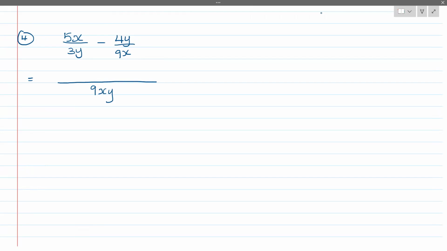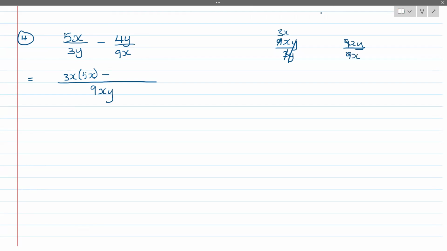So we'll get 3y into 9xy. Again, if you're not sure about it, you could just simply divide the 9xy by 3y. The y's will cancel. 3 will go into 9 3 times, and you remember x here. So you're going to get 3x by 5x minus 9xy divided by 9x.